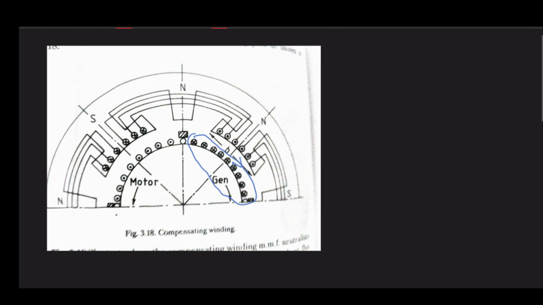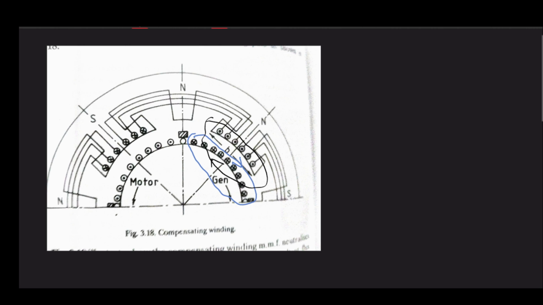And this compensating winding will try to produce a flux in this direction. So these two will cancel out each other.